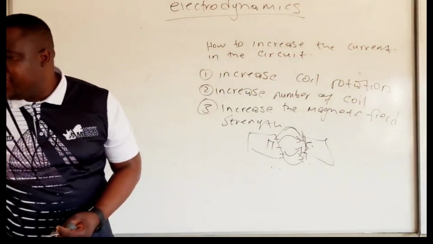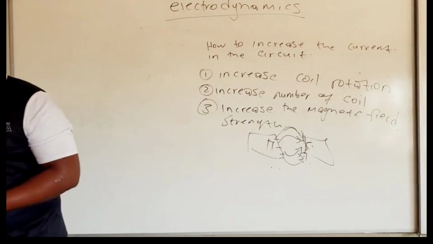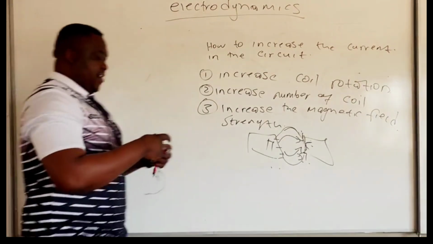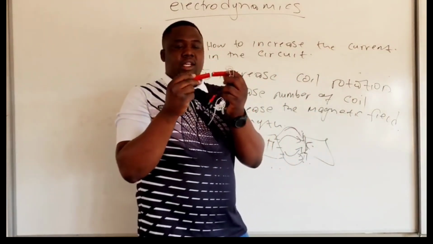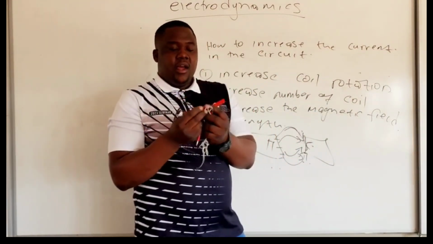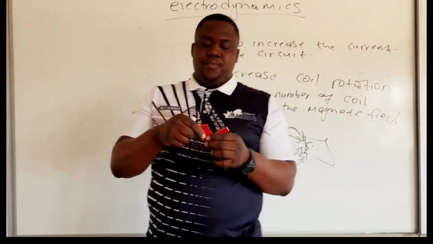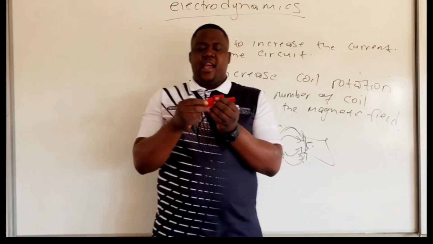What do we mean by increasing the magnetic field strength? Look, initially I was having only two magnets. You see the two magnets are attracting, right? If I want to increase the magnetic field strength, what can I do? I can just increase the number of magnets that I have.